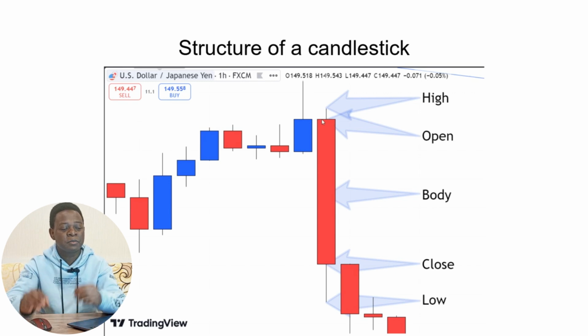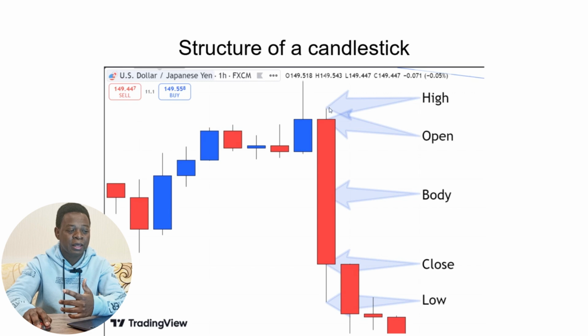The open price is the price just at the beginning of that time frame, and you can see that it opened bearish and the bears pushed the market first to the top. Pushing the market to the top shows you that at first buyers stepped in. They wanted to push the market higher.